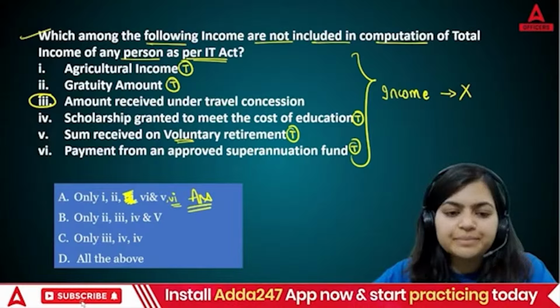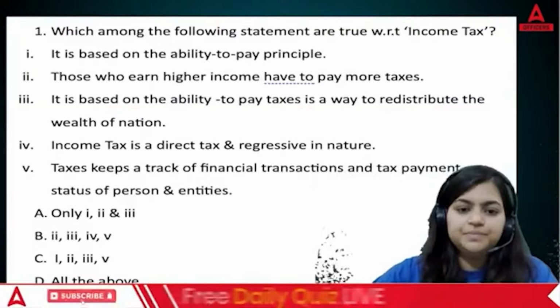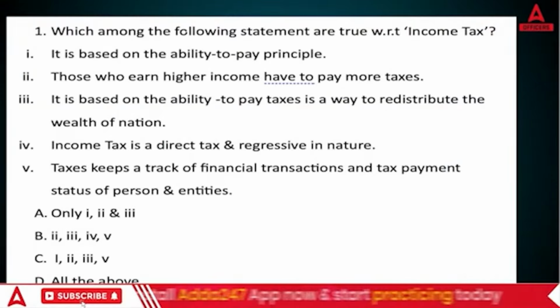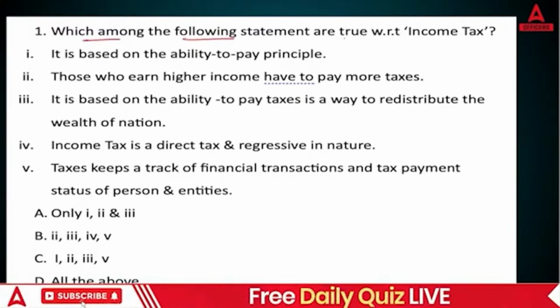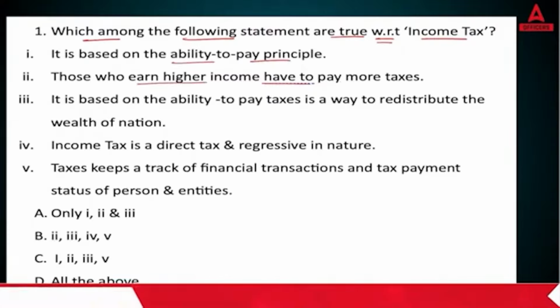Okay, now coming to the next question. Okay, everyone, which among the following, please read it together. Which among the following statements are true with respect to income tax? First, it is based on the ability to pay principle. Second, those who earn higher income have to pay more taxes.